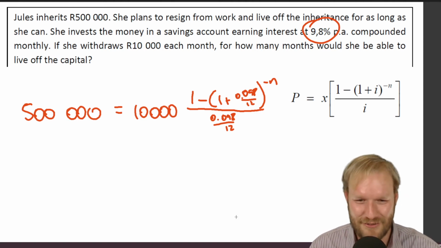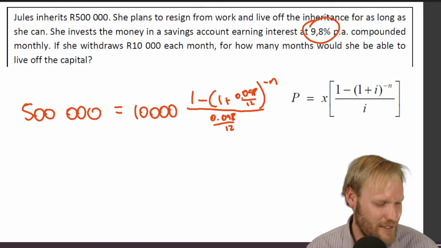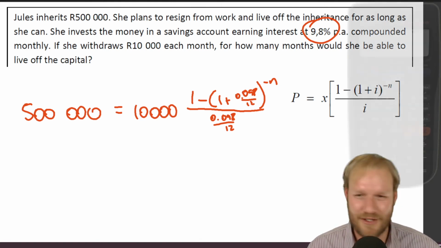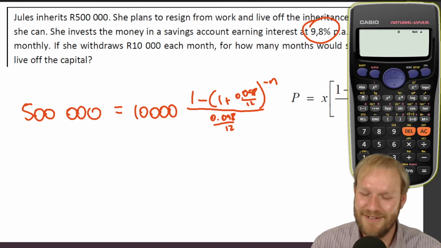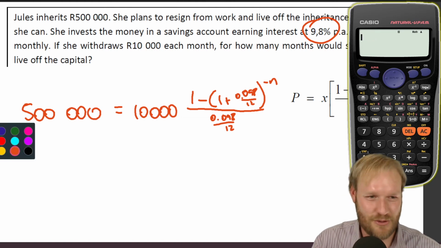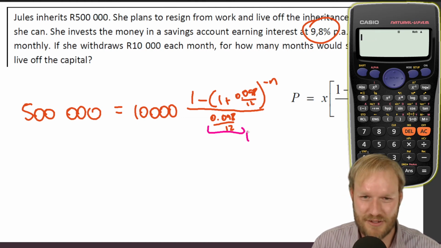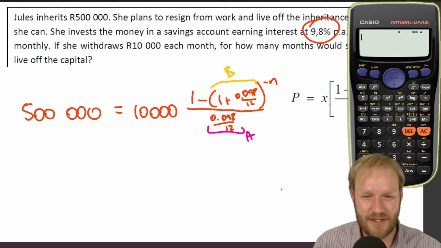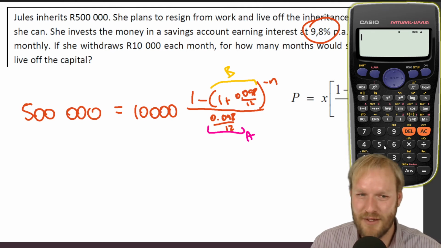Okay, so there you are. You've solved it, you got something, and you said how you did. I'm going to get my calculator up. Before we do that, I'm going to store this thing here, as I always do. This is going to be A, and that bit there is going to be B. So 500,000 divided by 10,000.